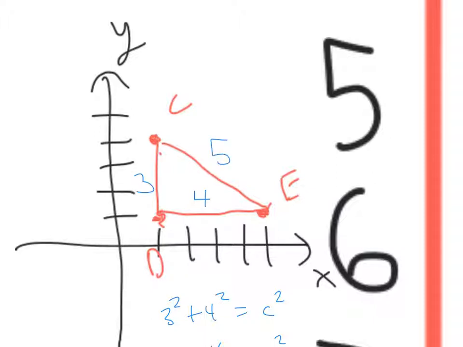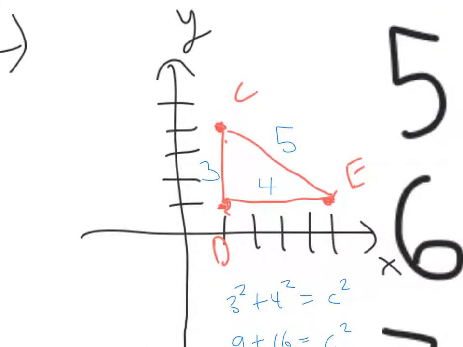All right. Part C, reflect triangle CDE over the y-axis, then translate it 2 units left. Oh man, so we're going to reflect and then move 2 more left. So let's do that for each one of these points. I'm going to zoom out a little bit further.